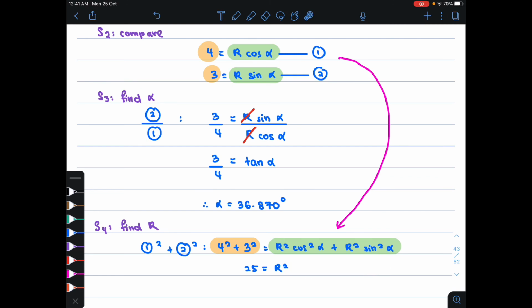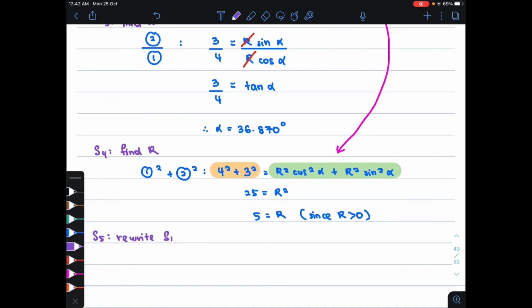Next time, if you have r squared cos squared alpha plus r squared sine squared alpha, just write down r squared straightforward. Now we need to find the value of r. If r squared is 25, r is plus minus 5. But since r should be positive, r is just positive 5. So just write down r is equal to 5 since r is positive.